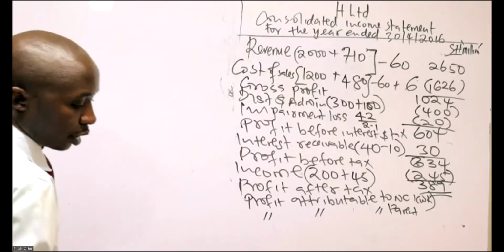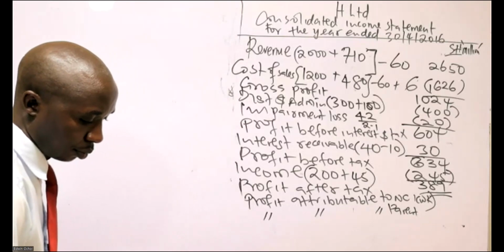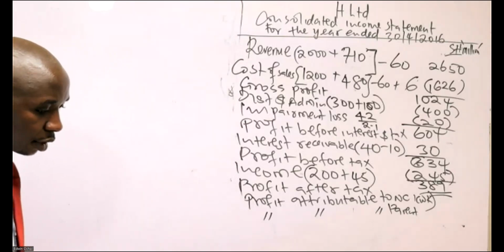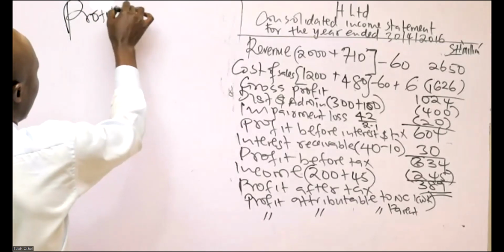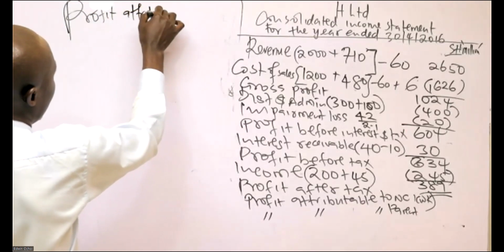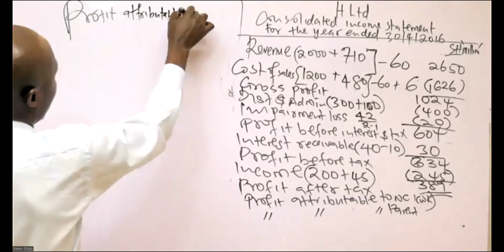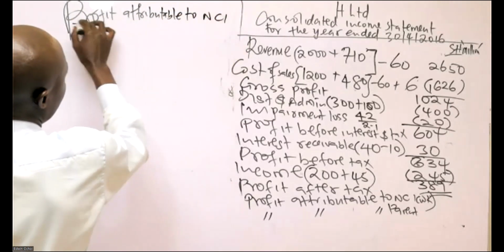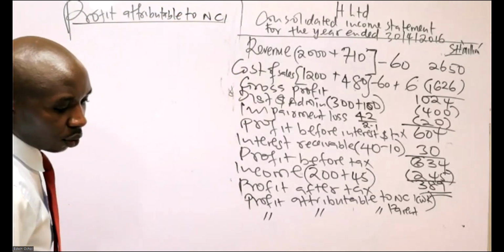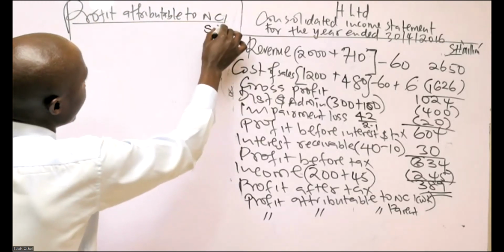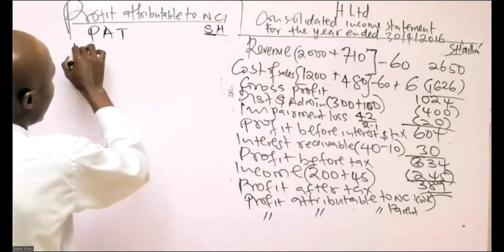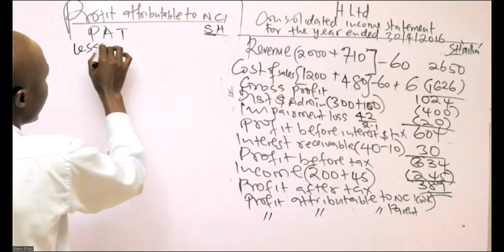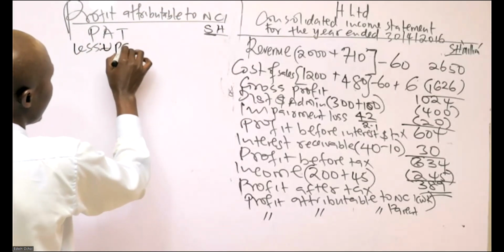So we do profit attributable to who? Profit attributable to NCI. So you always know that we start from profit after tax. And we adjust that profit by lessing what? UPS.